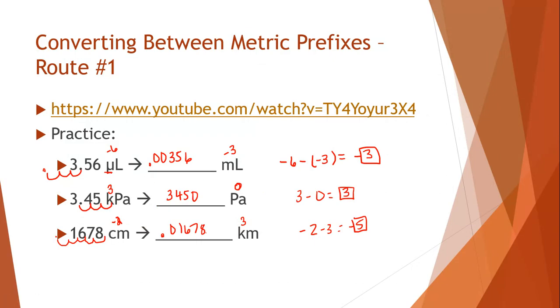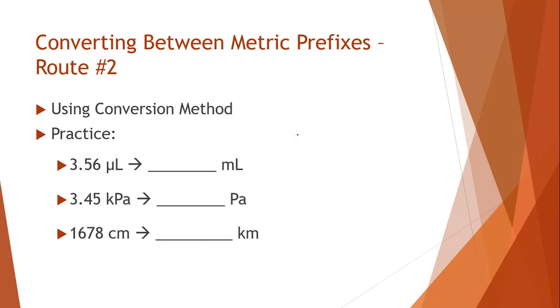If you don't like this way, there is route number 2, and that's using the conversion method. The only thing with the conversion method is that you have to remember to flip the exponent from positive back and forth to negative.